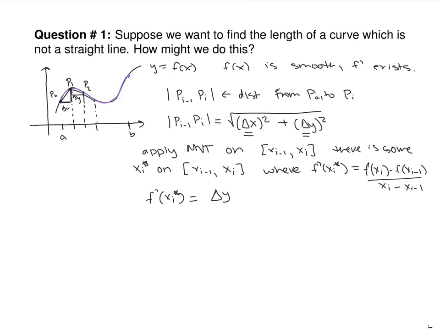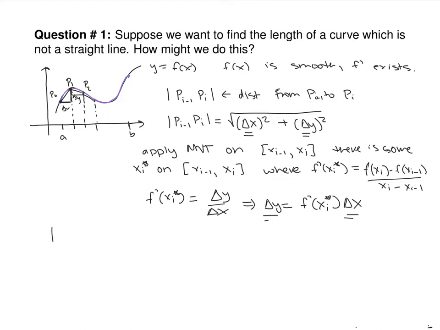Similarly, the denominator, x sub i minus x sub i minus 1, is the difference in the x's, or delta x. And that tells you that delta y is equal to the derivative at some sample point, don't care which one, times delta x. This gives you the relationship between the change in y and the curve itself.